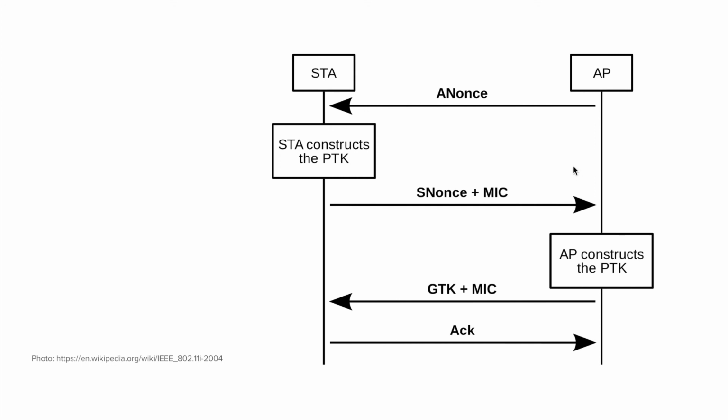So what we're looking for is the MAC addresses, both for the router as well as the iPhone. We're looking for these nonces that they sent back and forth to each other, as well as this MIC frame here in the fourth frame. This is the most important one here.